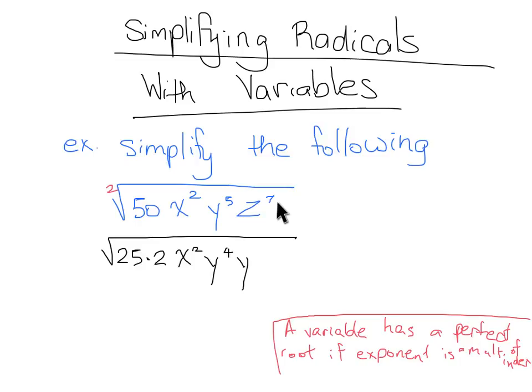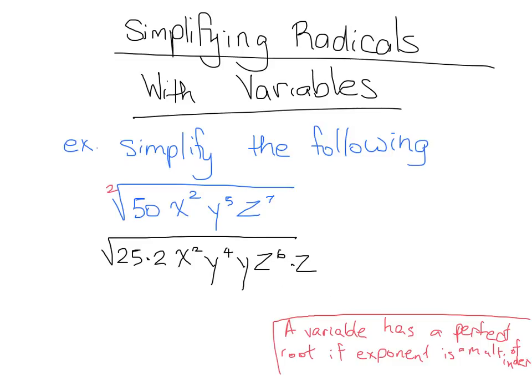If you said z to the 6th, you are correct. But again, we can't just write z to the 6th and keep it moving. We have to have that z attached onto the end here. So now together, this is z to the 7th.